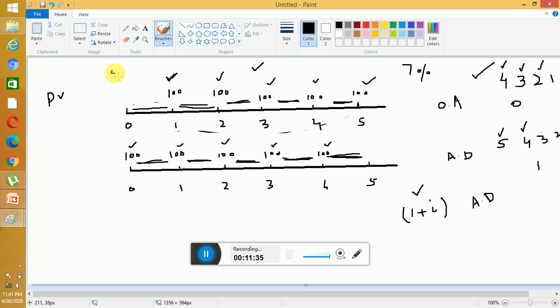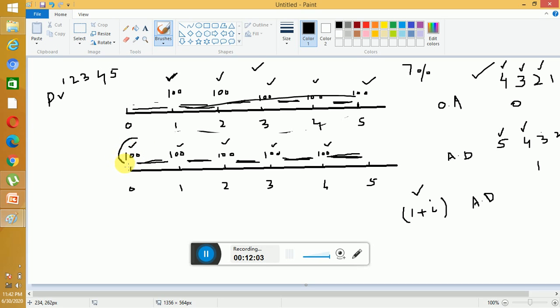Here, discounting was for this 100 one year, for this 100 two years, for this 100 three years, for this 100 four years, and for this 100 five times.